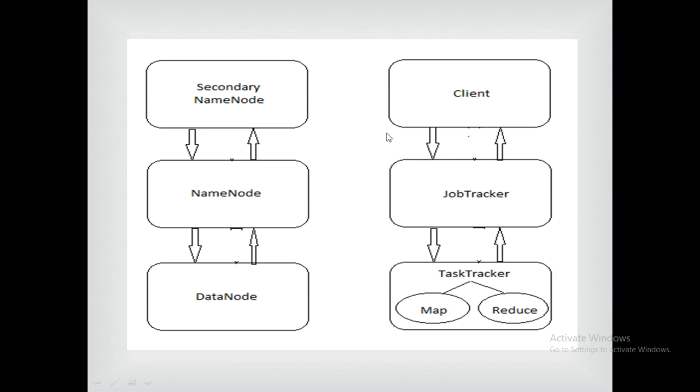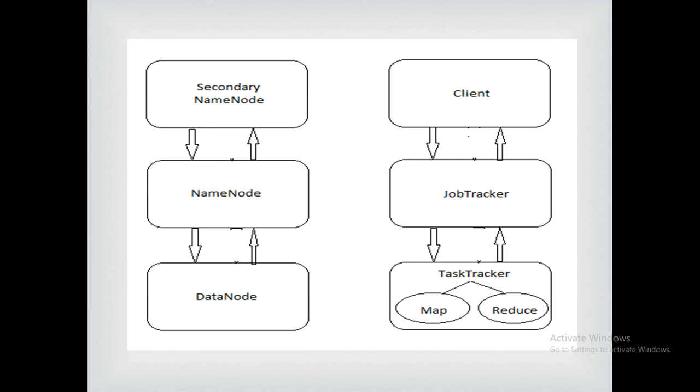The name node, data node, and secondary name node, these three things are managed by the HDFS. So what are these three components and how they exchange the information, or how they store the data among themselves, we will see one by one.